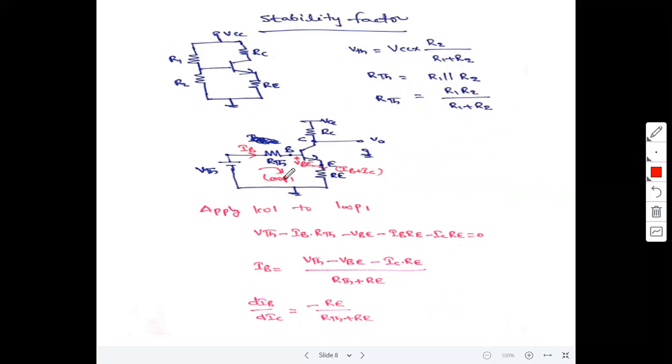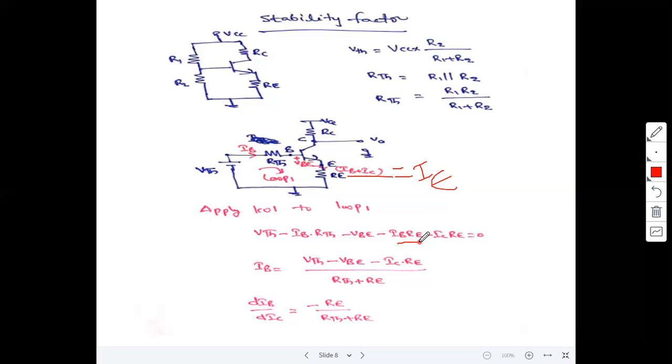Now this is the loop. By using this loop, express the base current in terms of collector current. V Thevenin minus IB into R Thevenin minus VBE minus IB into RE minus IC into RE is equal to 0. Why? Because emitter current is equal to IB plus IC.